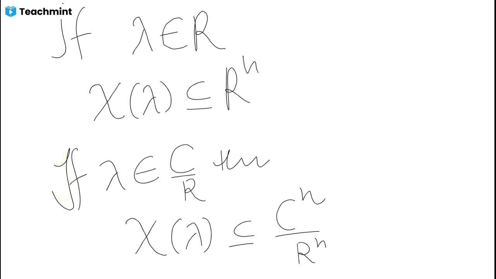Complex eigenvalues, if and only if complex eigenvectors. It means if we have complex eigenvalues, then we'll have complex eigenvectors. In simple words, you can understand that.